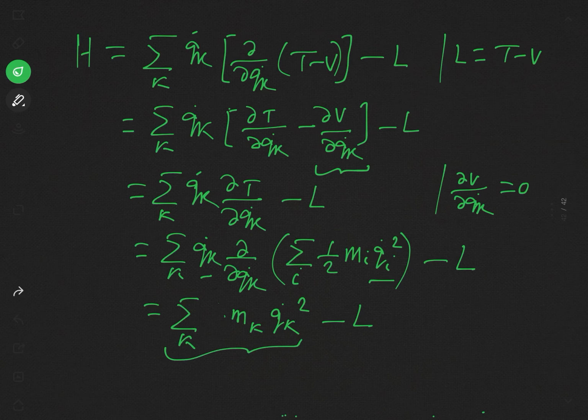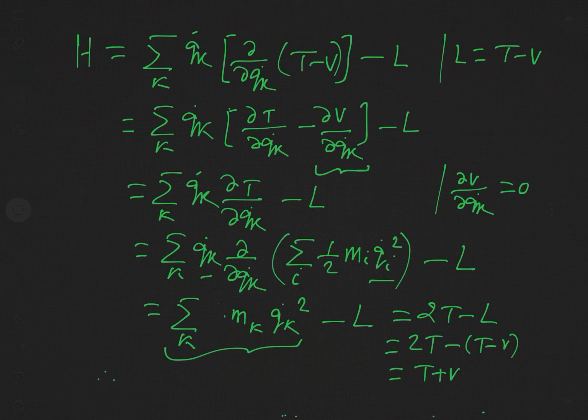Actually it represents the twice of the kinetic energy. So this will be 2T minus L. And we know that this L is actually T minus V, and so this will be simply T plus V. So therefore you can see for a conservative system Hamiltonian H is equal to T plus V.